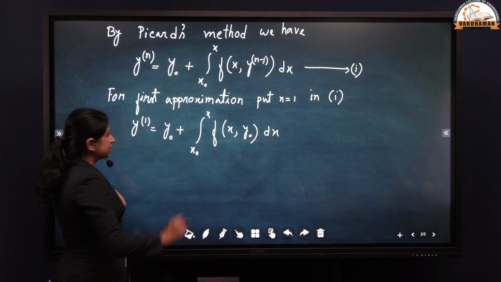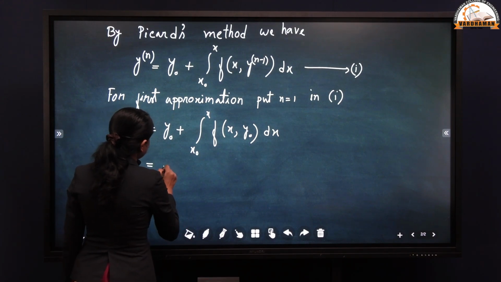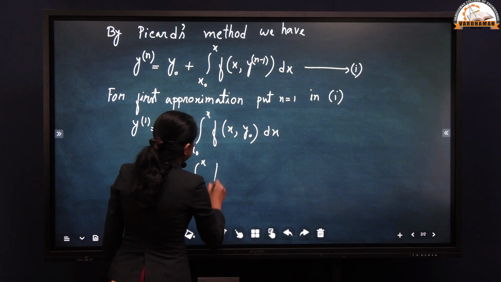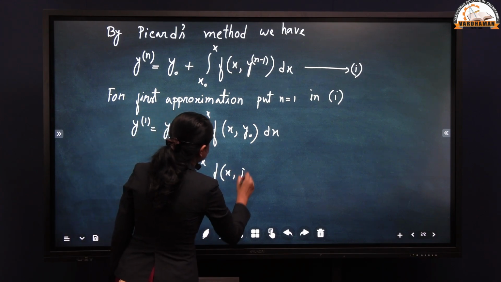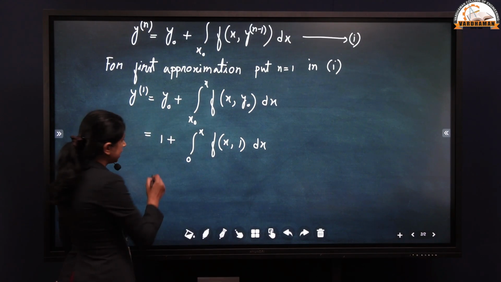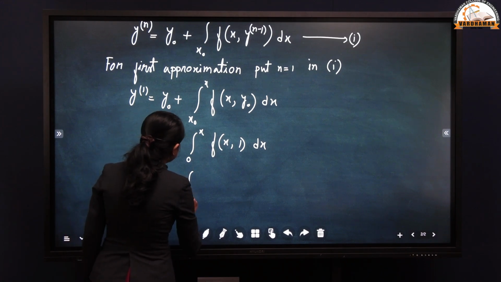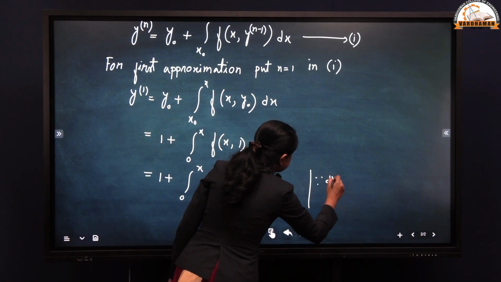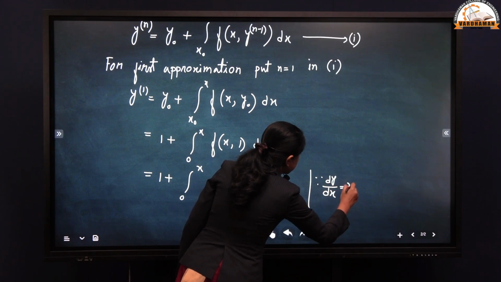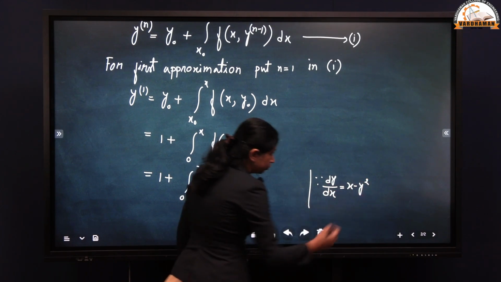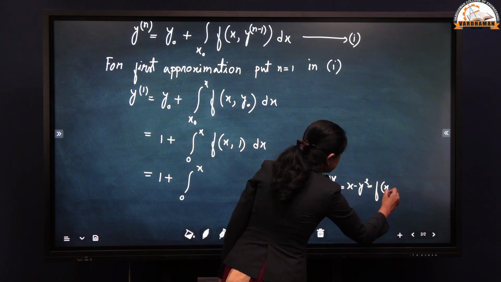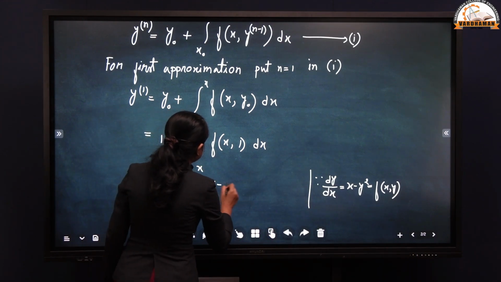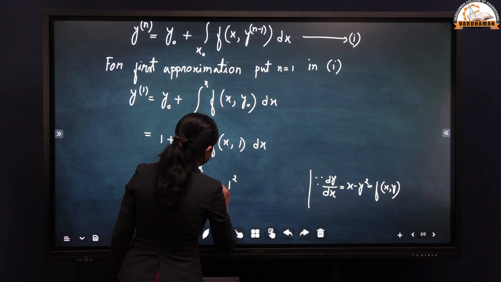Now let us put the values. y naught is 1 plus integration x naught is 0 to x f of x comma 1 dx. Since dy by dx is equal to x minus y square, which is f of x comma y, here f of x comma 1 will be x minus 1 square, that is x minus 1, dx.